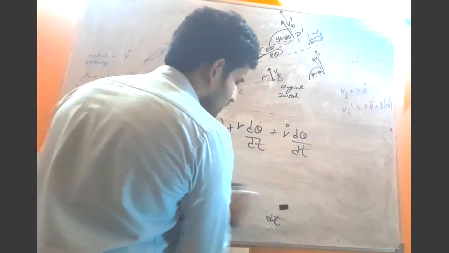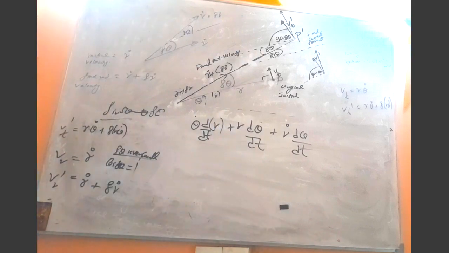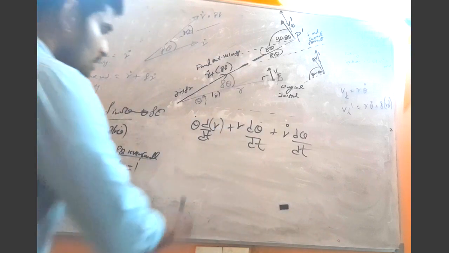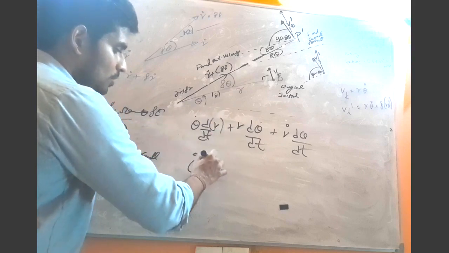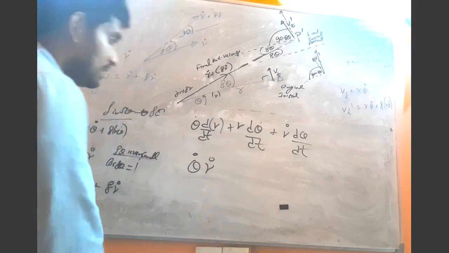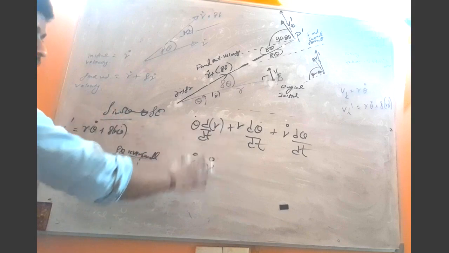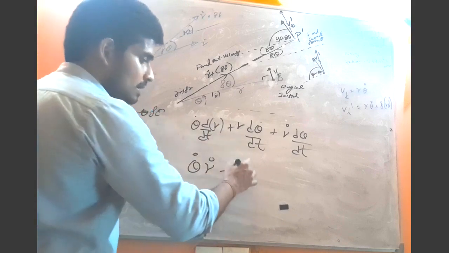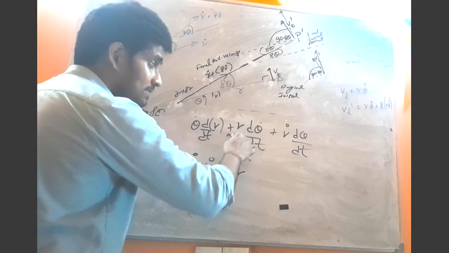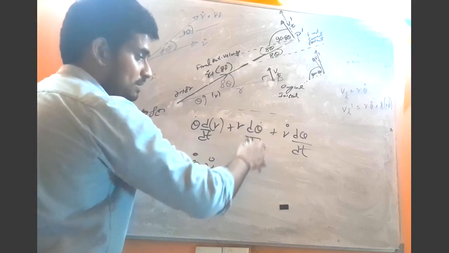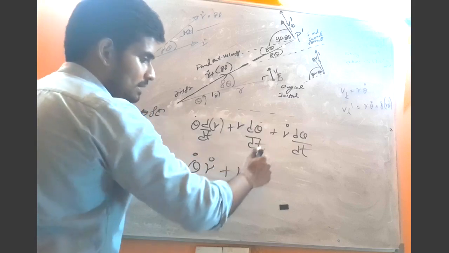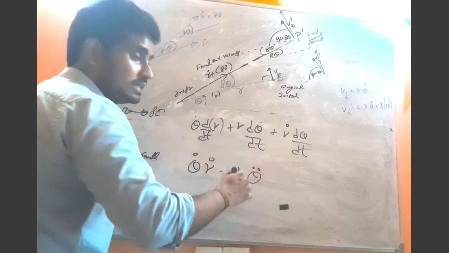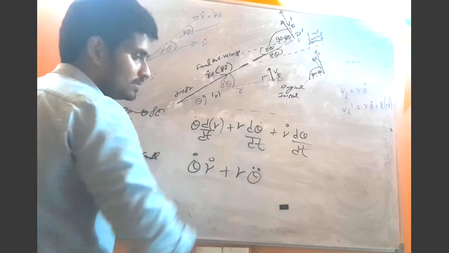Now I hope you got it, right? So then theta dot times dr by dt will be r dot. First derivative of r with respect to time will be r dot, right? Plus here r times d theta dot by dt will be r theta double dot, because initially it was theta dot.